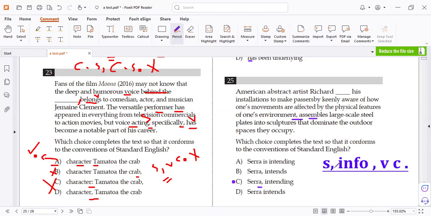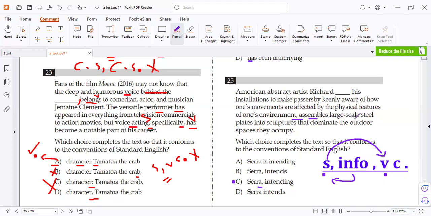That means between the subject and verb we have non-essential information, but it's too long. Phrases and clauses. Look, a check is whether the subject agrees with the verb. Yes, singular, singular. And the meaning, he sculpts large-scale steel.